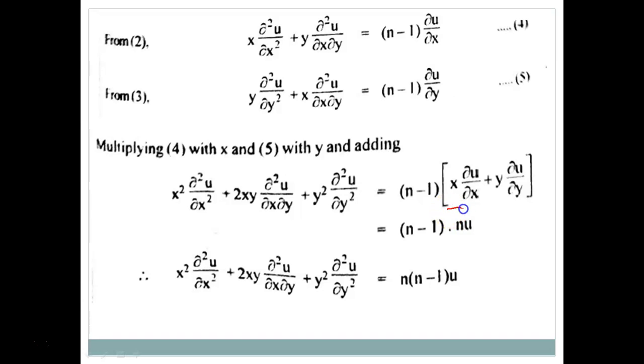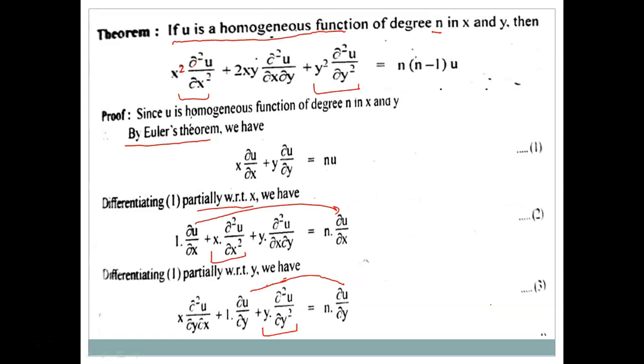But from equation 1, due to Euler's theorem, this quantity is equal to nu. So in fact, we have proved that the expression on the left hand side is equal to n into n minus 1 into u. So this proves this theorem.